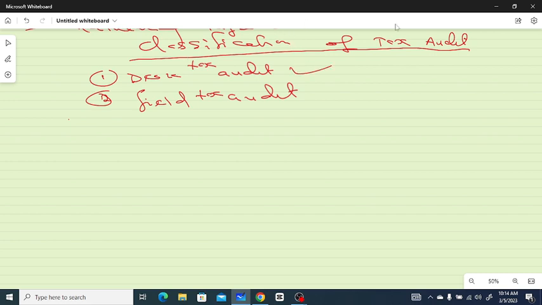The desk tax audit is the examination of a financial statement and tax returns submitted by the taxpayer. It involves carrying out analysis and review using accounting tools of interpretation like ratio analysis and trend analysis, but all this will be conducted in the tax office. That is why it's called desk audit.